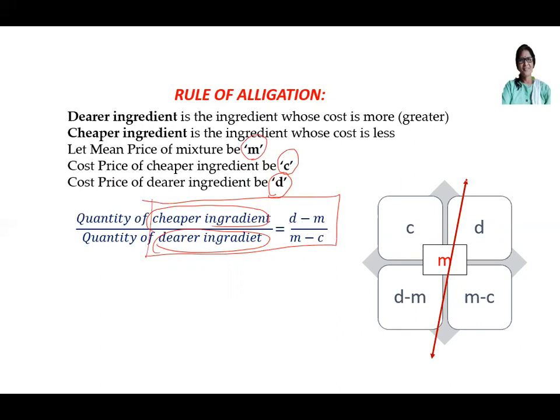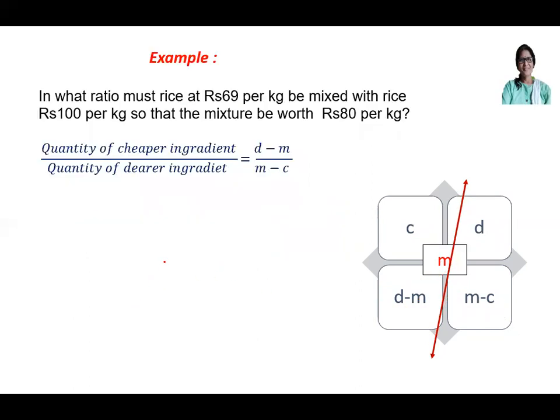So here I have taken the symbolic representation: C upon D, the ratio of cheap to dearer, is equal to D minus M upon M minus C. So let us go for the questions.